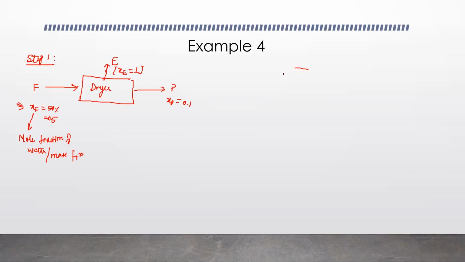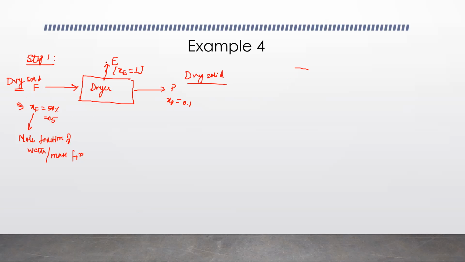So let's understand. See over here, what happens in drying: whatever dry solid, not wet, only dry solid, is present here, the same amount of dry solid is present here. There is no way that your dry solid is going to be lost. In any case, it is not going to be lost unless it's a chemical reaction.